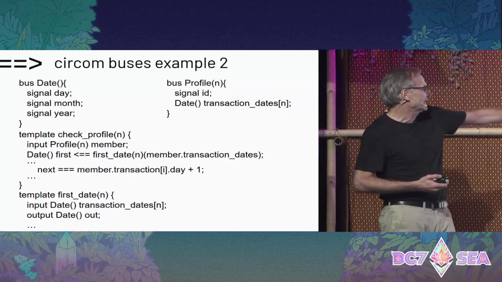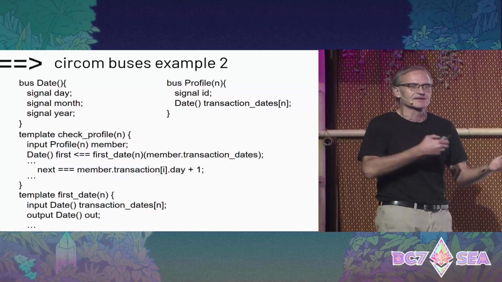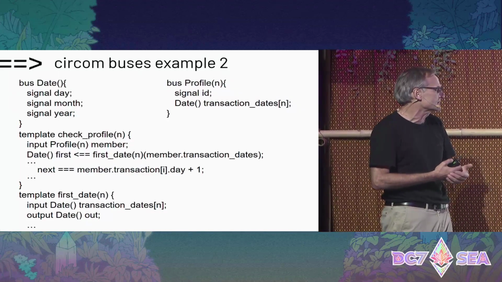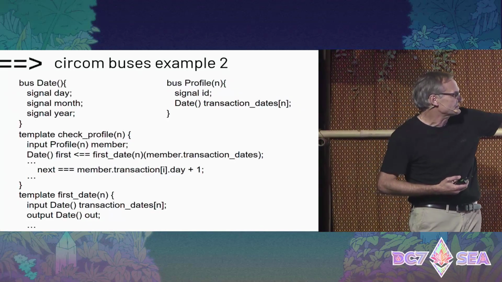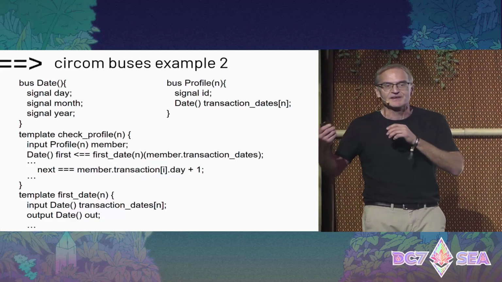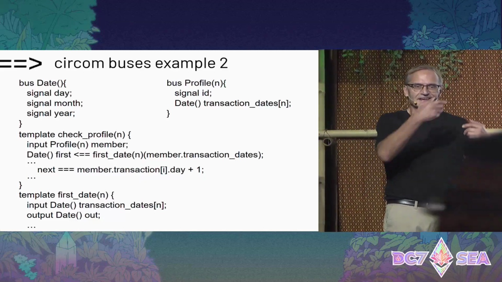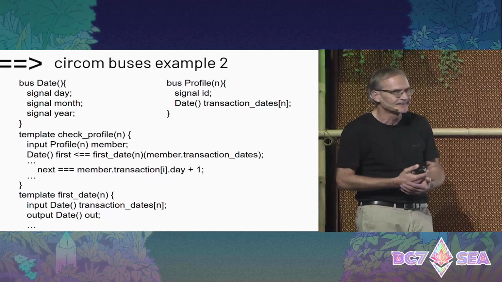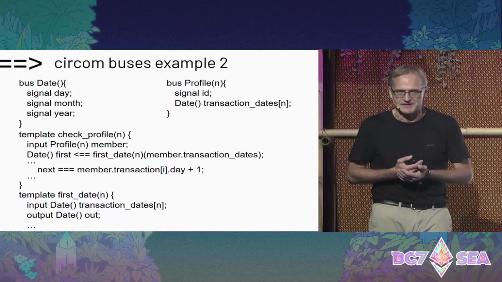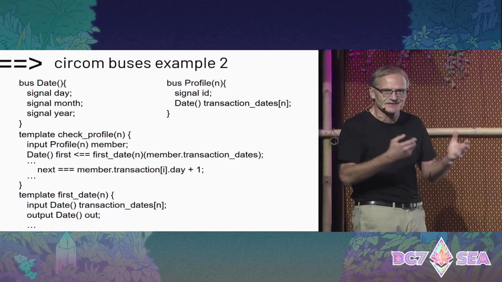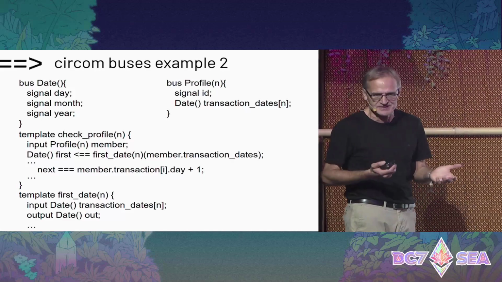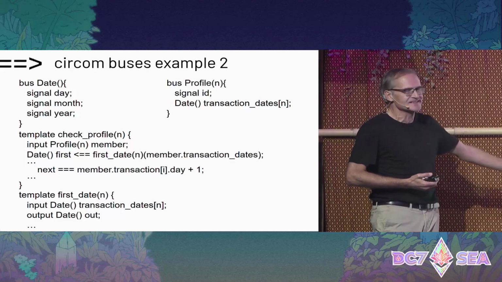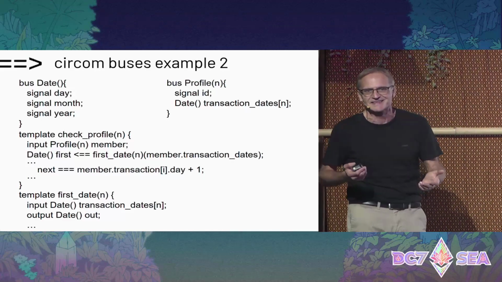And look, then here I'm using an anonymous component, another feature of Circom. And you see, I'm just using as input the array of dates that was a field of this profile bus. Okay, so everything is done smoothly, like in any other language. Okay, so all of a sudden you can see this code, and it is no longer considered this low level.